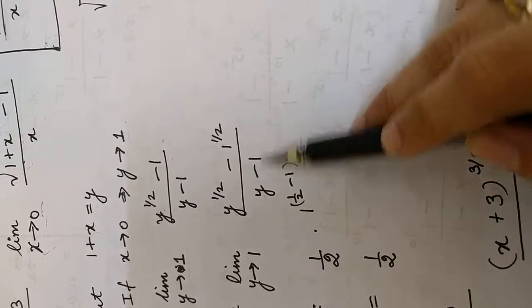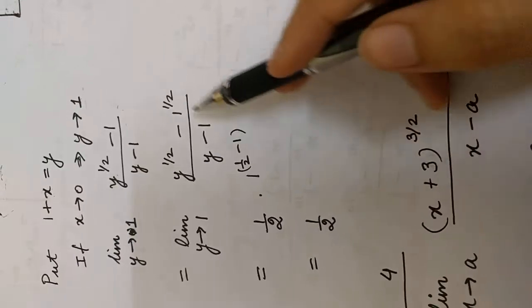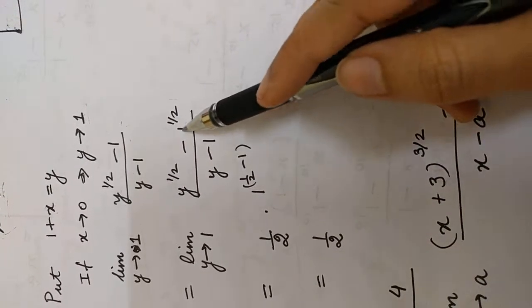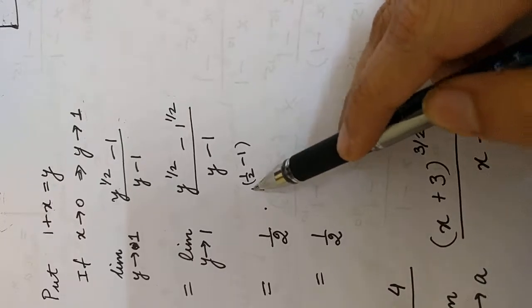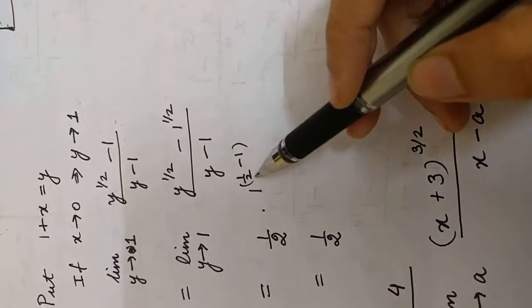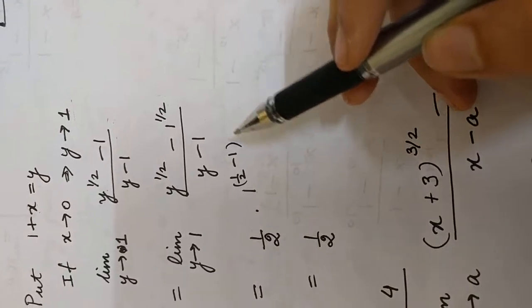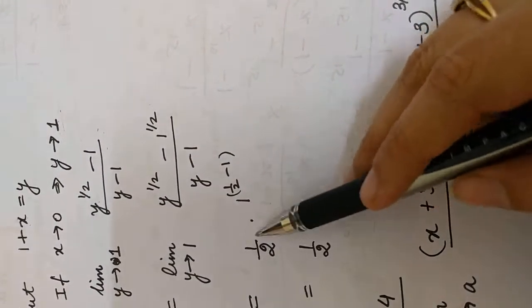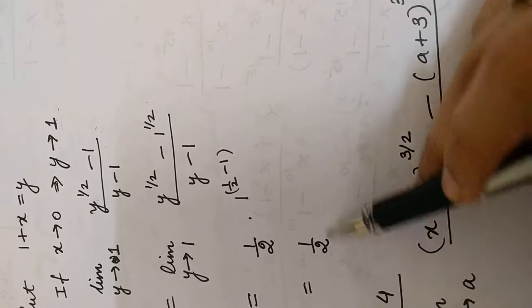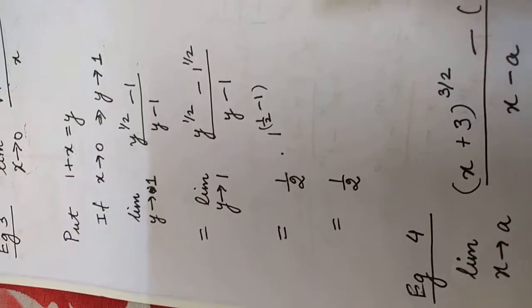This equals n into a to the power of n minus 1, where n is half and a is 1, so half into 1 to the power of half minus 1 equals half. 1 to the power of anything is 1 only, so the answer is half.